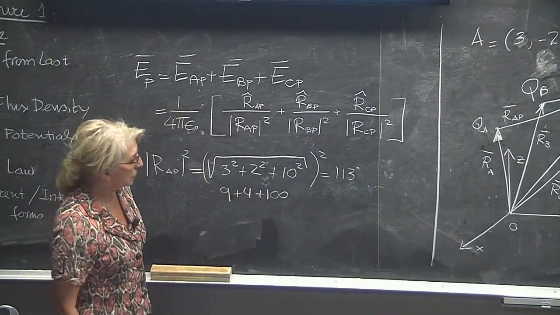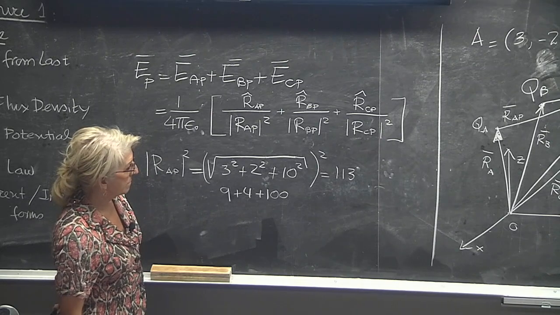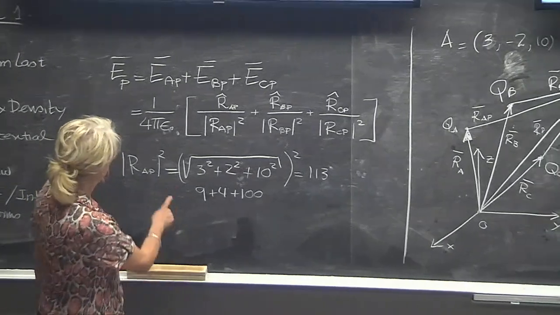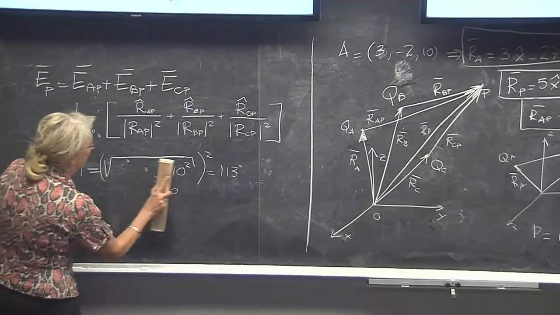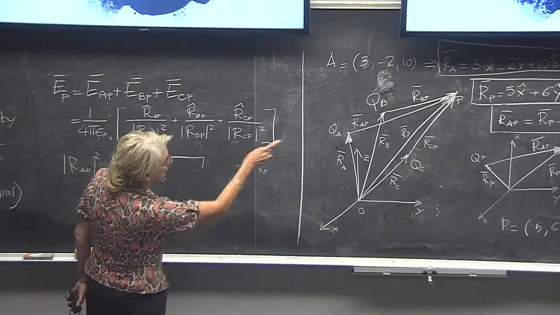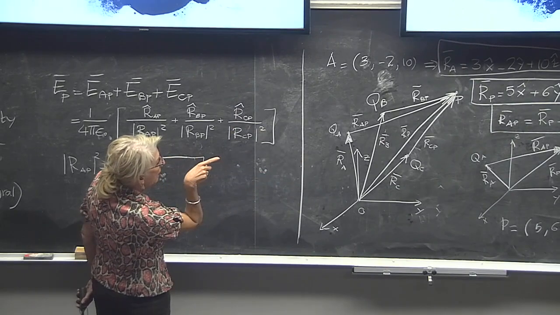Anything else? I did RA, did I not? I did not subtract. Okay, sorry, I need to put the right numbers because I was looking at another. RAP is going to be 3 minus 5.